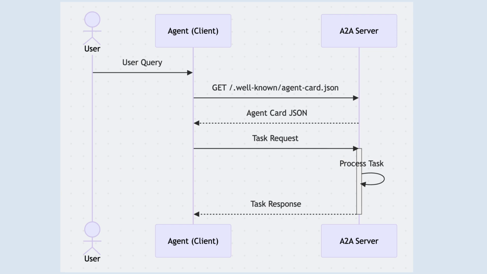Now this particular agent card will return the capability and skills of the server side agent, or the other agent. Then if those skills and capabilities are useful, and the client agent makes sense that yes, these are the particular skills I am looking for, then it will send the task request to that agent. Then the other agent will process the task, return the response, and job done, right?